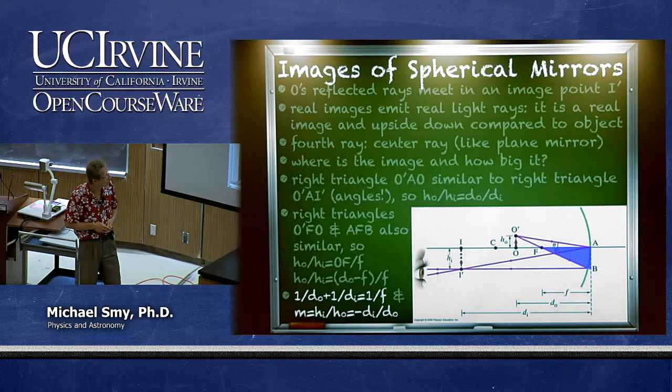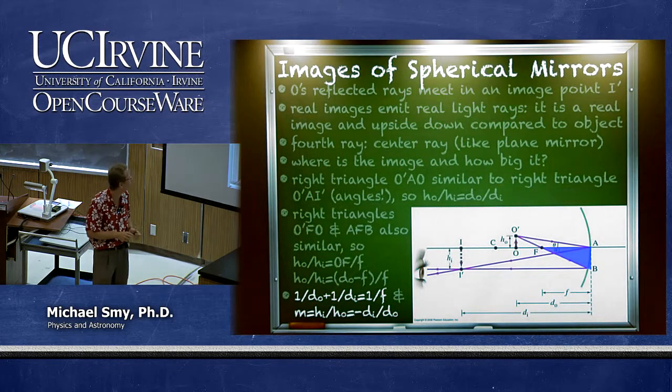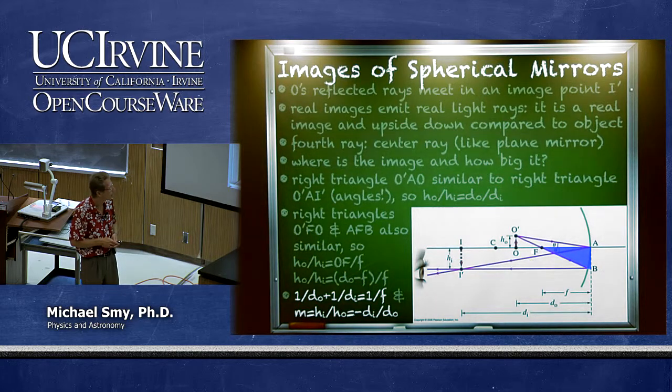And I can relate that ratio between object and image height to the distance OF and the distance FA. Those are equivalent sides for that triangle. The distance FA is just the focal length, and the distance OF is the difference between the object distance minus the focal length. So I get this ratio.